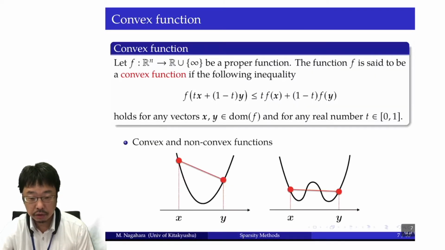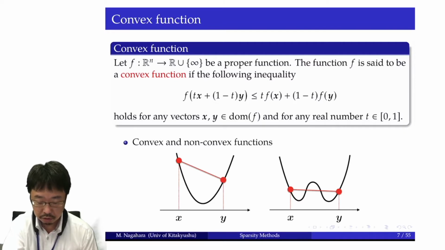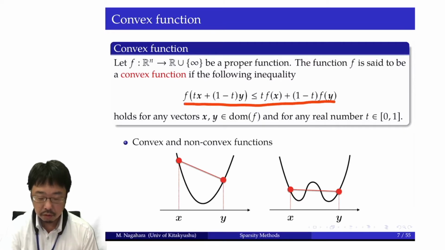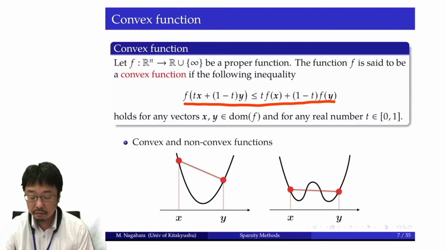Now, let's define convex functions. Let f be a function from Rn to the extended real numbers. The function f is said to be a convex function if this inequality holds for any vectors x and y in domain f and for any real number t between 0 and 1.